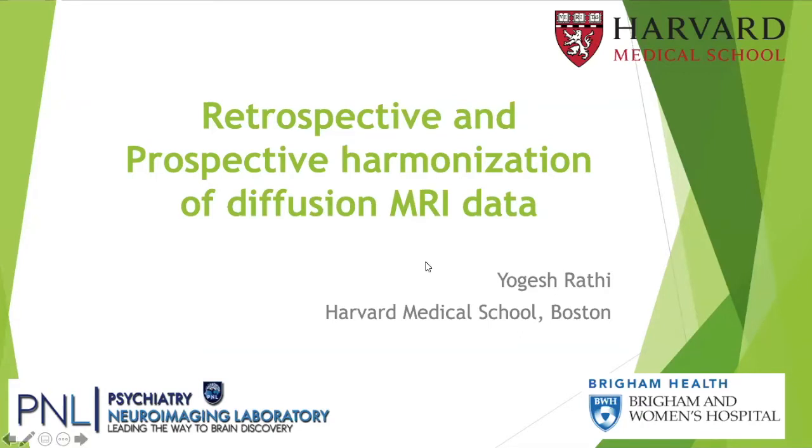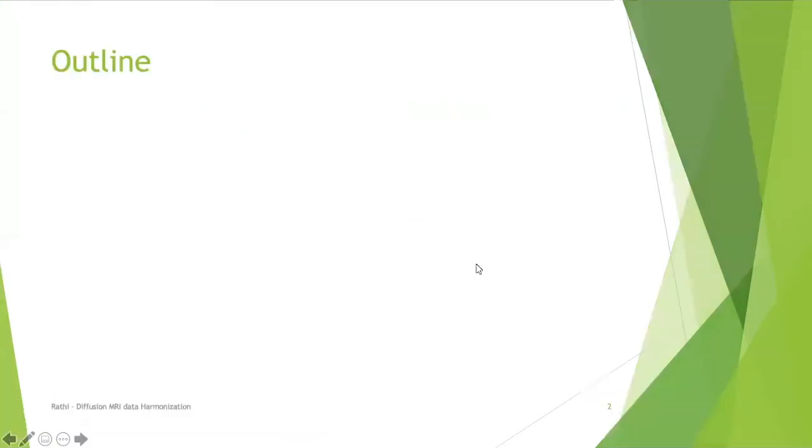So I'll be talking about the retrospective and prospective harmonization of diffusion MRI data. And okay, so let's see what the next roughly 1 hour looks like. So why harmonization?